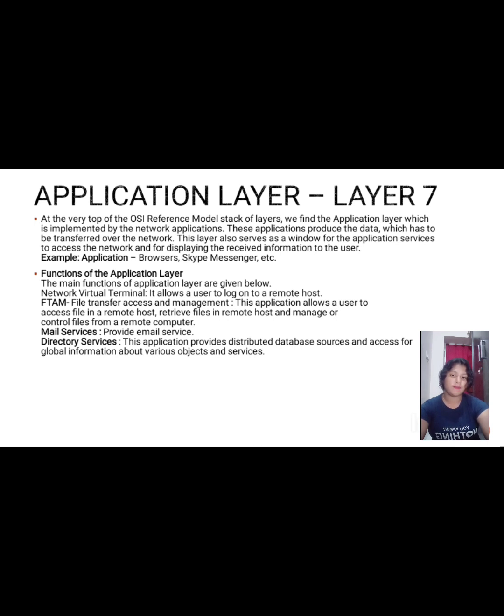Example applications are browsers, Skype, Messenger, etc. Functions of the application layer are file transfer, access and management, mail service and directory services. These applications provide a distributed database source and access for global information about various objects and services.